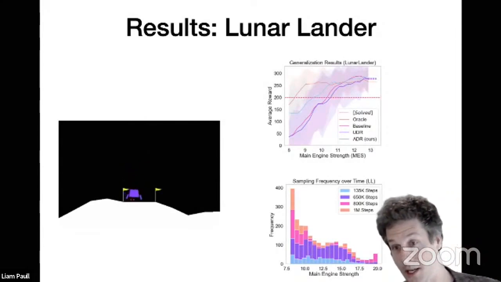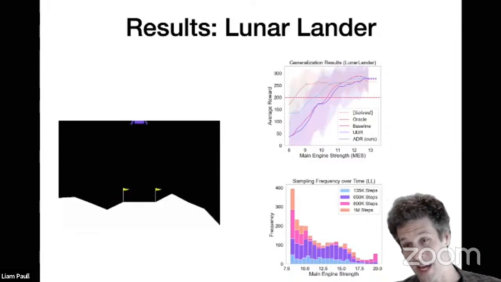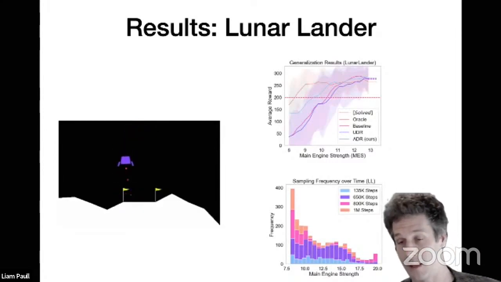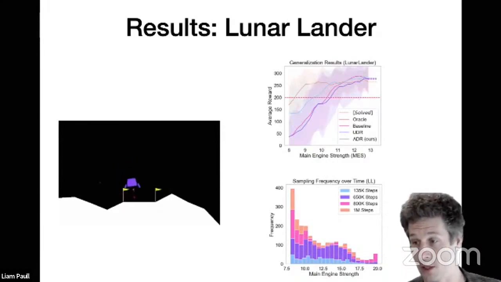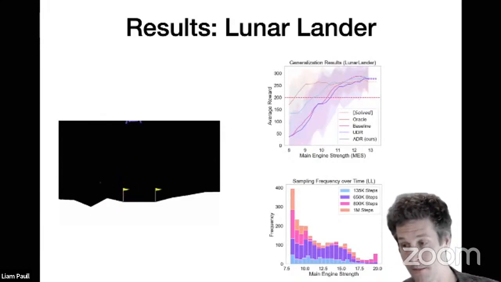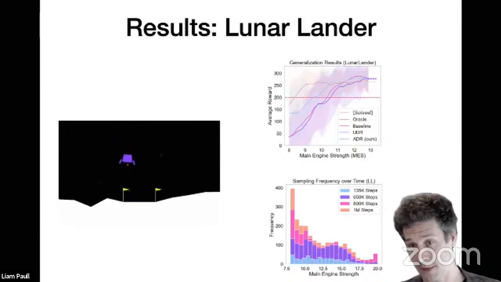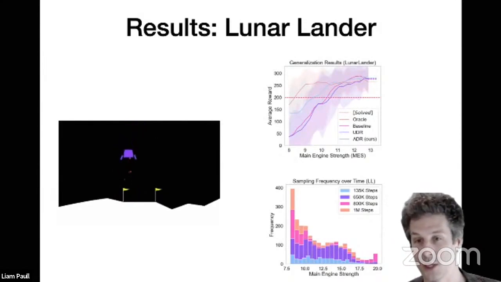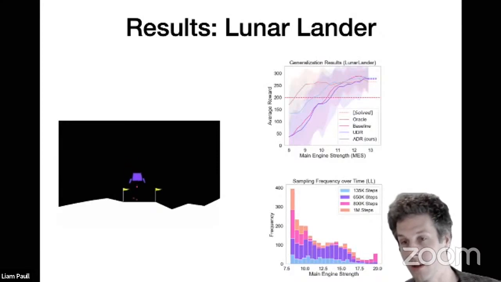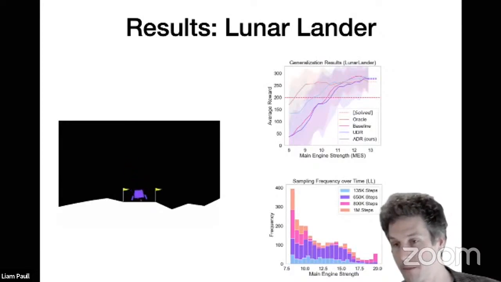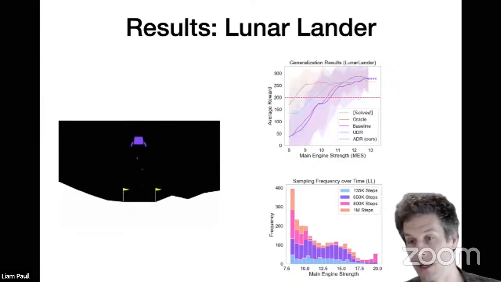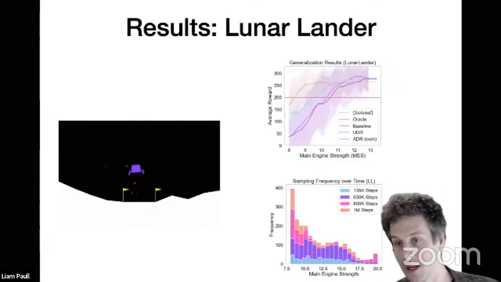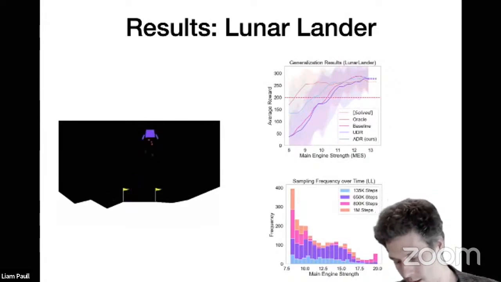If you stare at this, what it shows is that at the beginning, a roughly uniform sample of all the different engine strengths was taken. But over time, the algorithm learns that it needs to spend more and more effort to solve the environments with very low engine strength. So in the final, say, 20% or 30% of the rollouts, almost exclusively they're allocated towards the very low engine strength case.